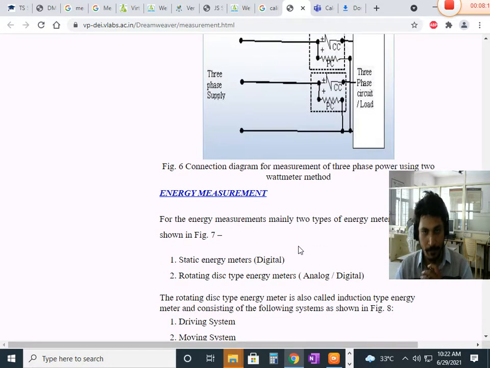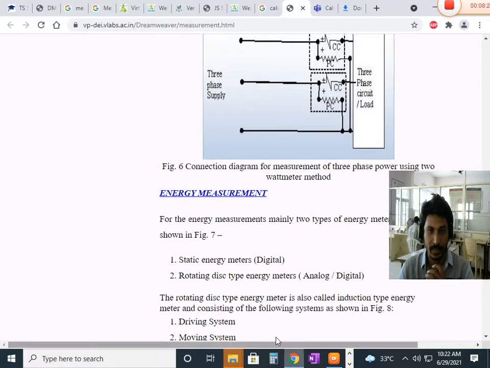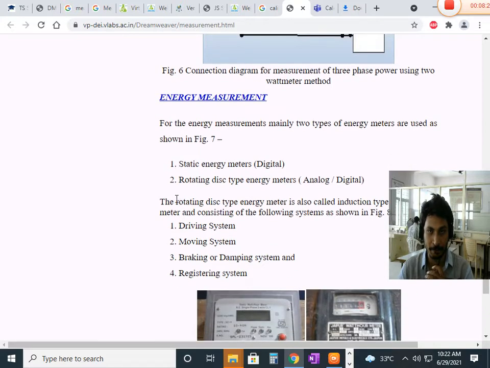Next point is calibrate the single phase energy meter. For energy measurements, mainly two types of energy meters are used.